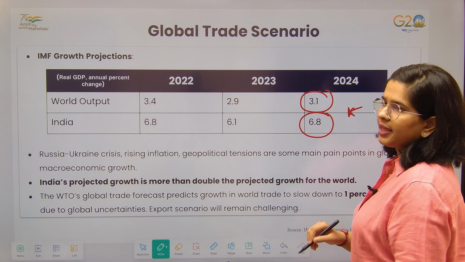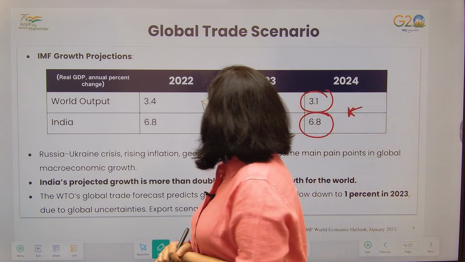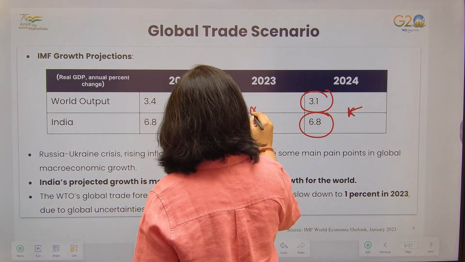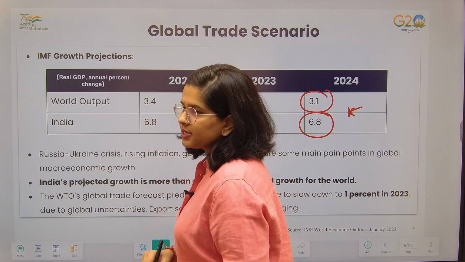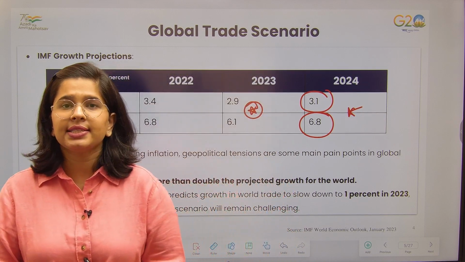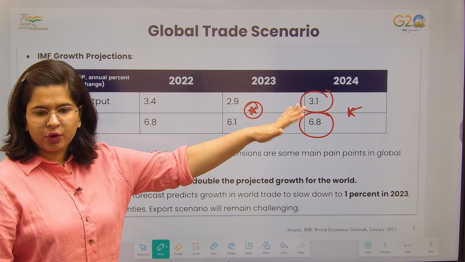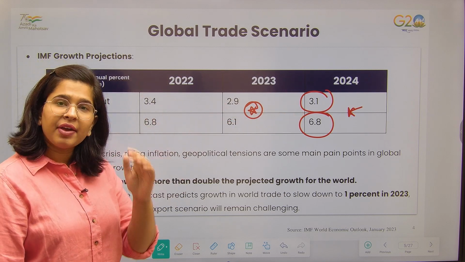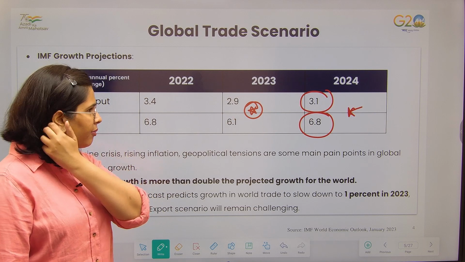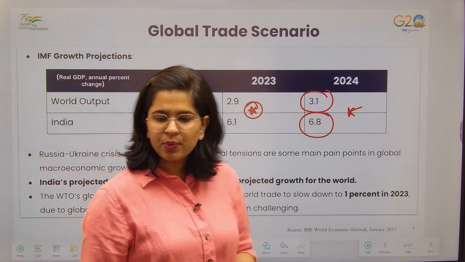So the government is saying that in the current year, that is 2024, and even in 2023, you can see that India's expected growth rate is higher than the world's average expected growth rate. These are the IMF projections, right? Not the Indian government's projections, but the IMF's projections.